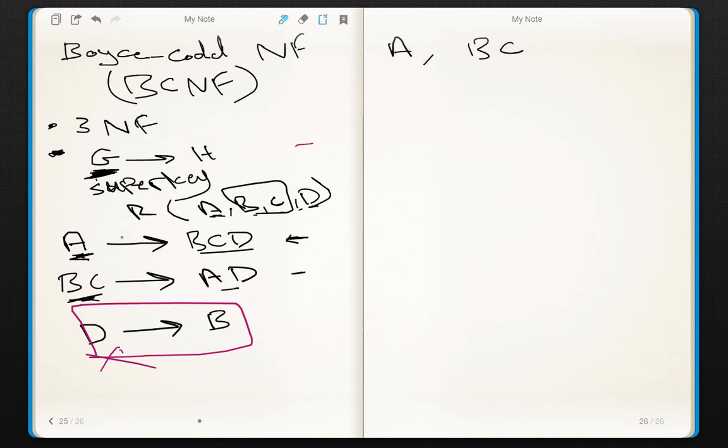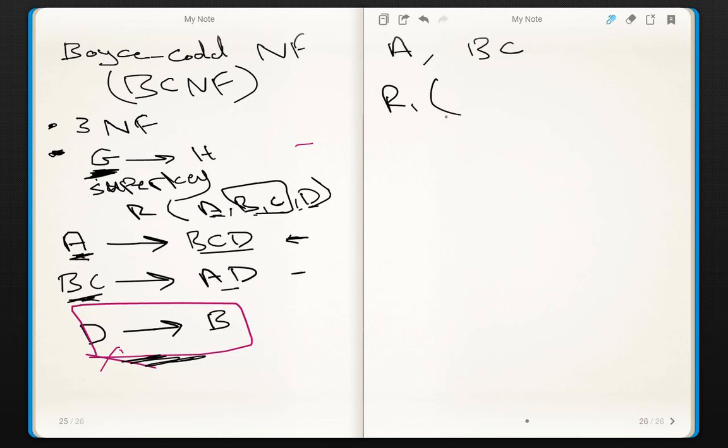Let's break this into two. We'll have this that is problematic, and we'll put it in a table by itself.